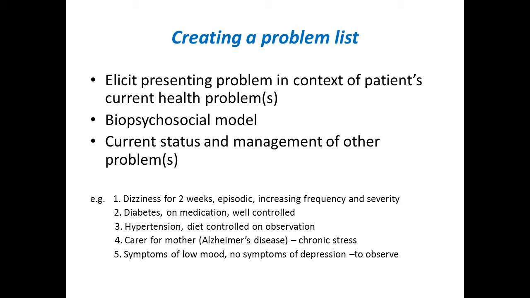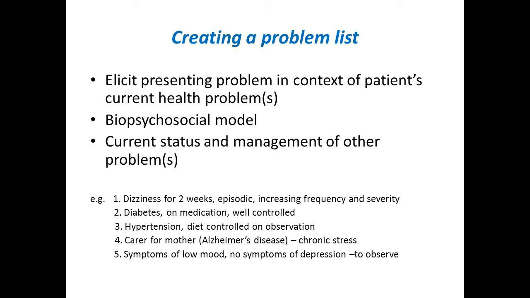For example, if a patient is presenting with dizziness with a background of other comorbidities, this could be a likely list that you could see. Number 1, dizziness for 2 weeks, episodic, increasing frequency and severity. 2, she has diabetes, on medication, but it's well controlled.